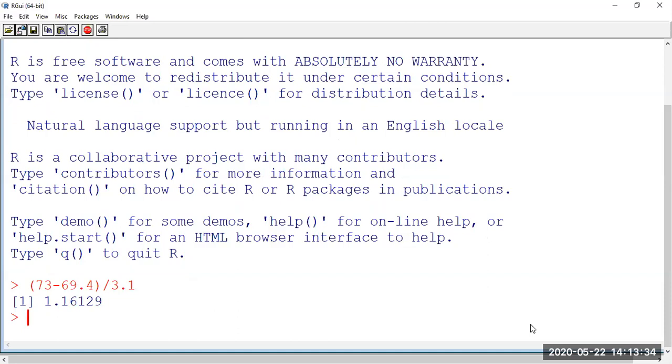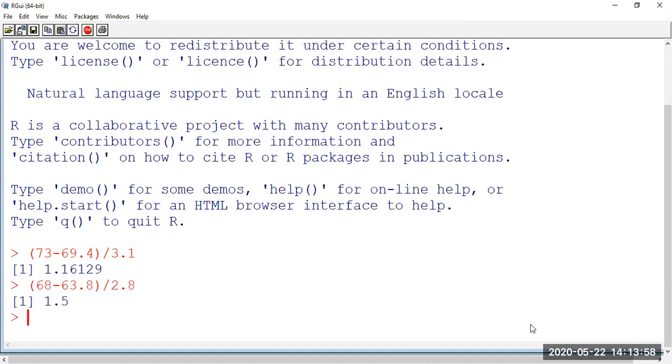So I get my first z-score, 1.16129. Then for the woman, I have 68 minus 63.8 over 2.8. This is going to be 1.50. Those are the z-scores for these two individuals coming from two different populations.